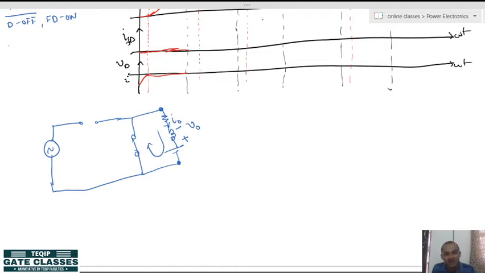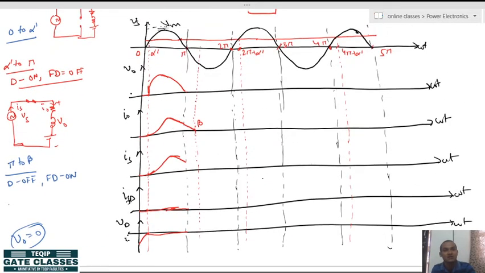Both of these terminals are short circuited by the diode, and the RLE load is in parallel with the freewheeling diode, which has zero voltage across it because it is a short circuit. So what will be the output voltage in this case? It will be 0, but current is flowing. So if you draw here, from pi to beta, the load current is still flowing, but the load voltage will be 0.